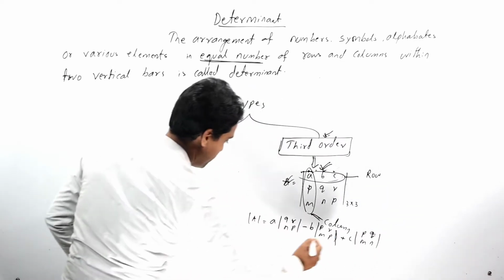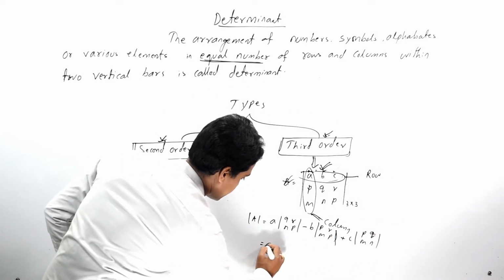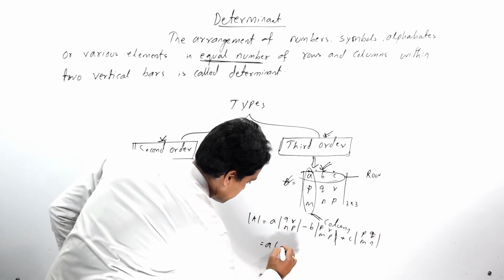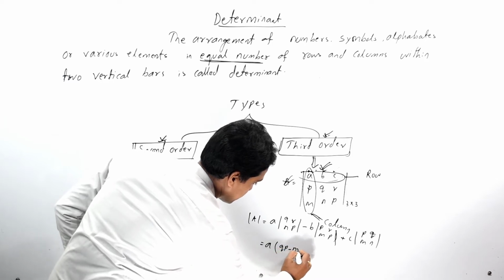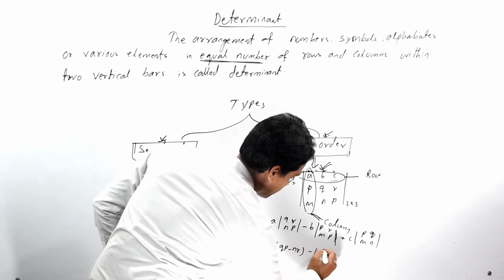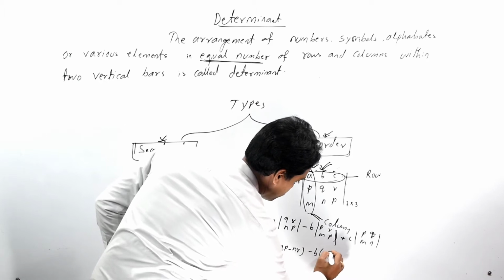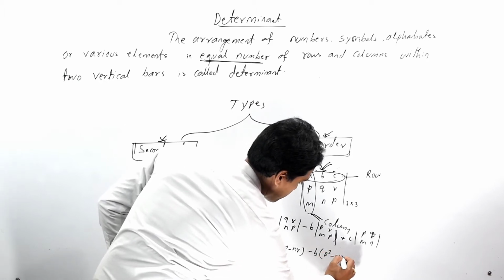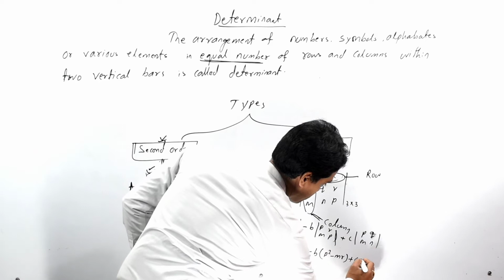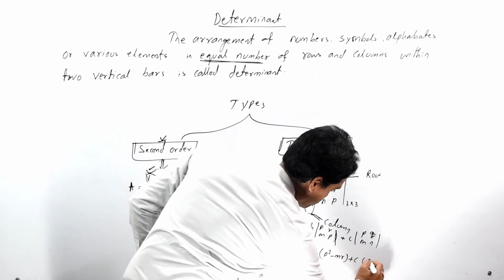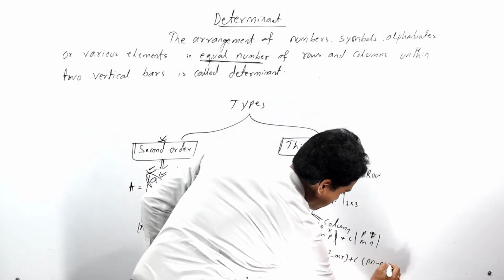By simplifying, that is A times (QP minus NR), minus B times (P square minus MR), plus C times (PN minus MQ).